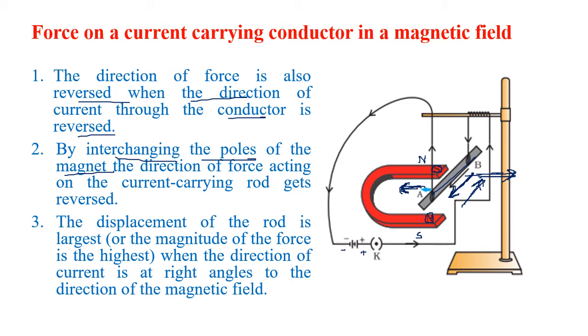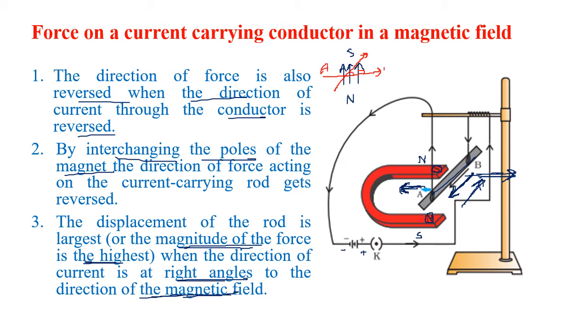And the third and very important thing is the magnitude of the force. The force is experienced, but when is the force highest? When the direction of the current is at right angles to the magnetic field. Very, very important. Suppose this is north and this is south, the magnetic field from north to south. Now if I place a wire like this, then the force is not maximum. The force will be maximum when the wire is placed at 90 degrees to the field.